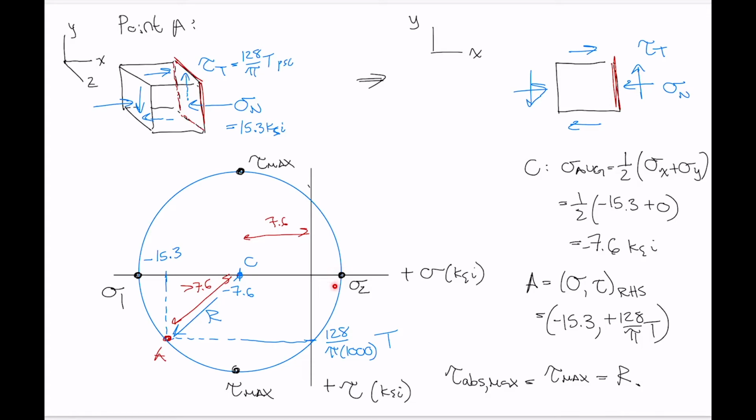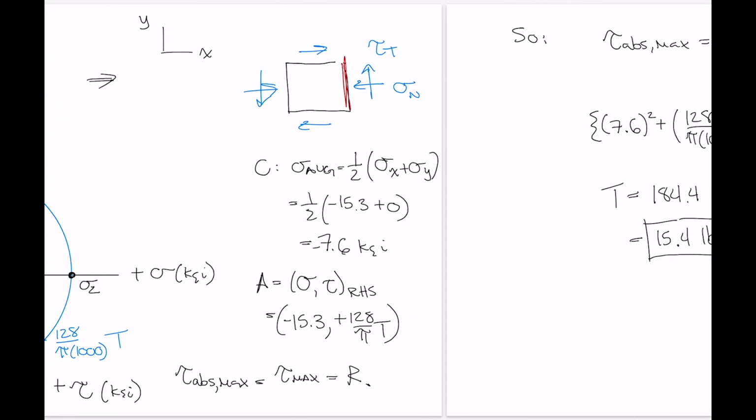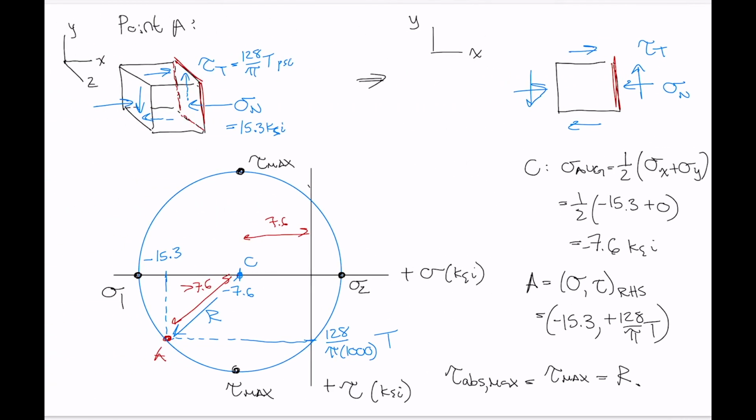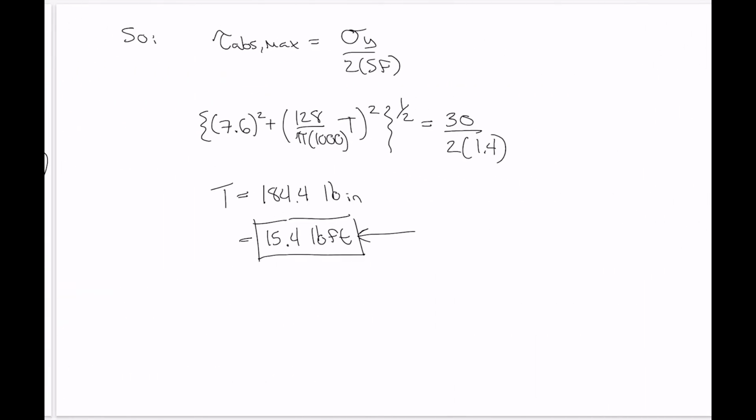We had sigma 2 being positive and sigma 1 being negative. In this case, our absolute maximum shear stress was the maximum shear stress at the top of Mohr's circle.